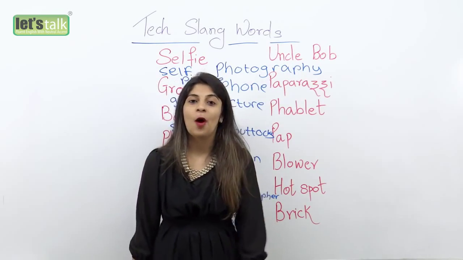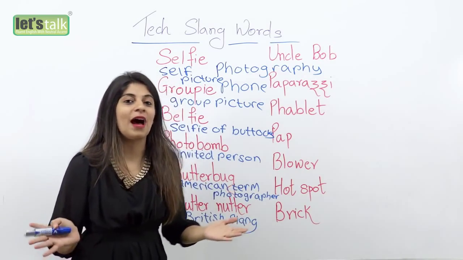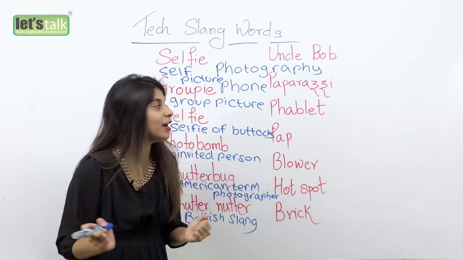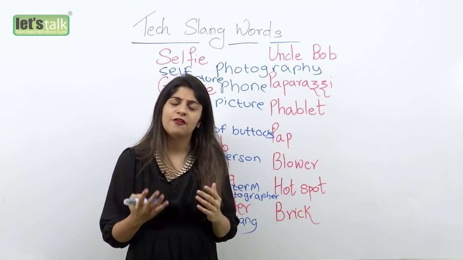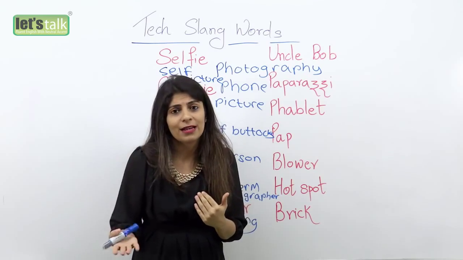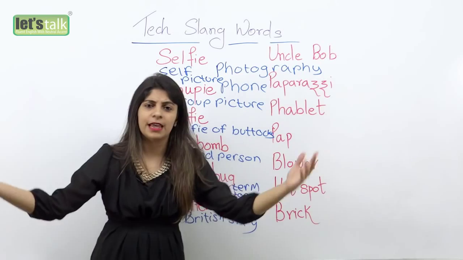We have Uncle Bob. Well, this is a slang term used by wedding photographers for a person who keeps distracting every picture, or who keeps distracting the wedding photographers. We all have Uncle Bobs in our weddings.